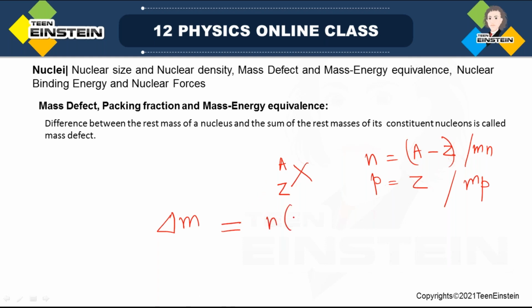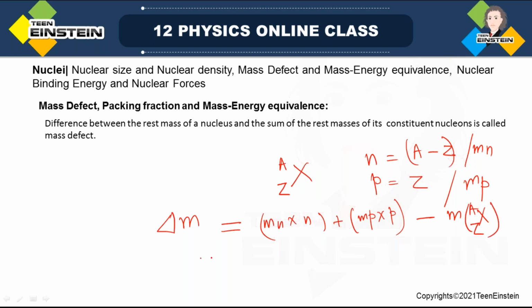It will be n into Mn, the mass of total neutrons present in the nucleus, plus the mass of the protons present in the nucleus, minus the mass of the nucleus itself.